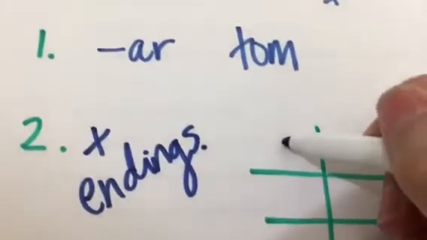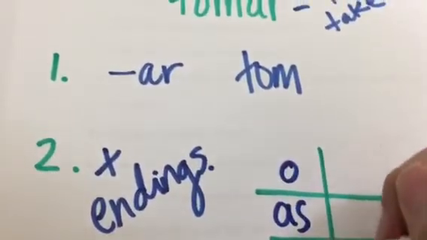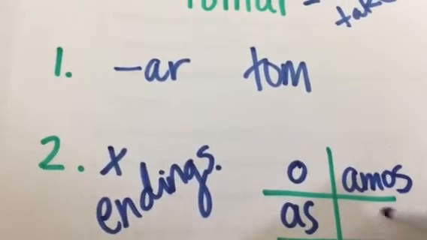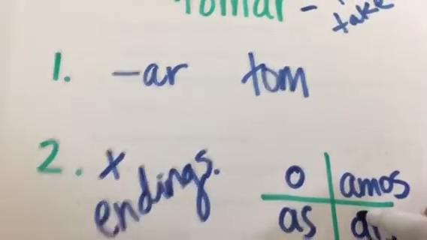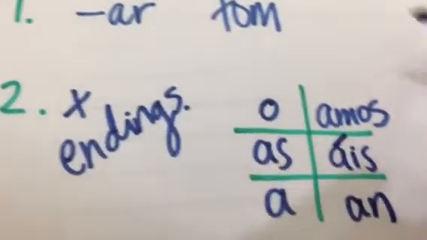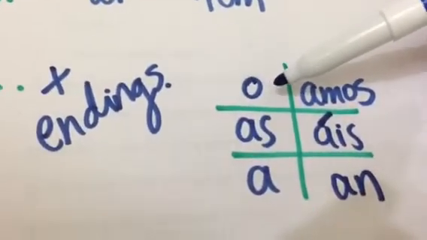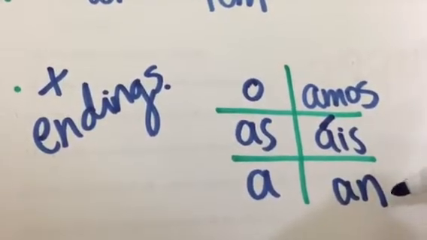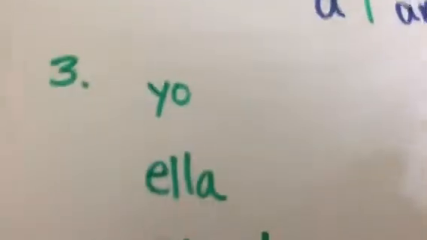Okay, so my endings are o, as, a, amos, áis, with an accent on the A for vosotros, an. This is the only one that doesn't start with an A. O, as, a, amos, áis, an. So what is my yo form of tomar?